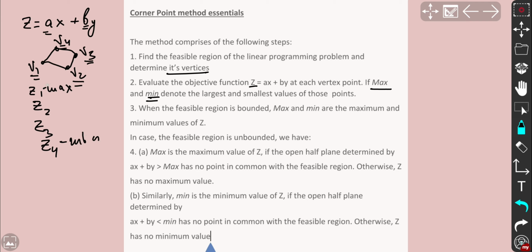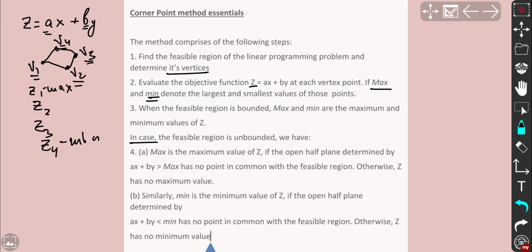In this case you've already solved the problem, and you can figure out Z1 and Z4, for example, as the maximum and minimum values. So they are the optimal values. But in the case that the feasible region is unbounded, I mean it will have some open half of the plane, for example.